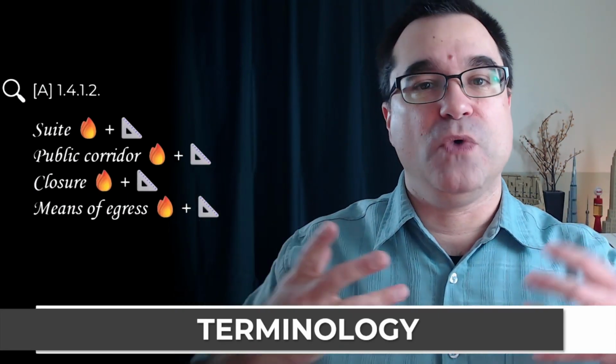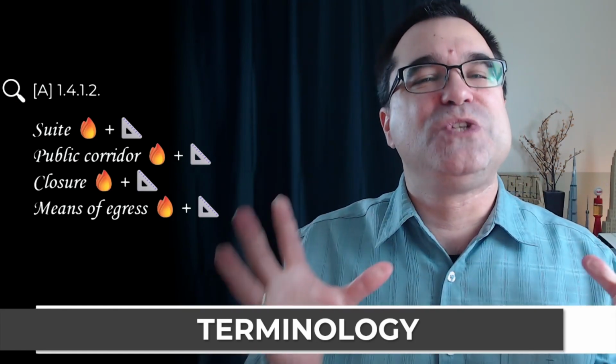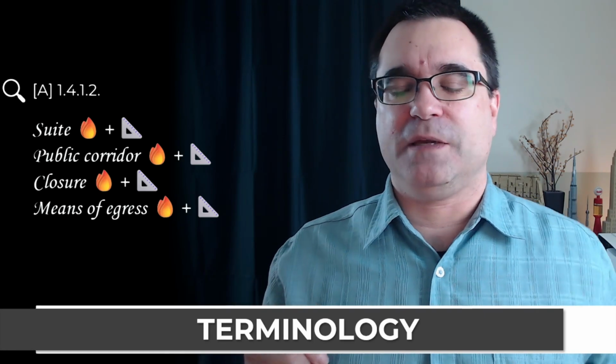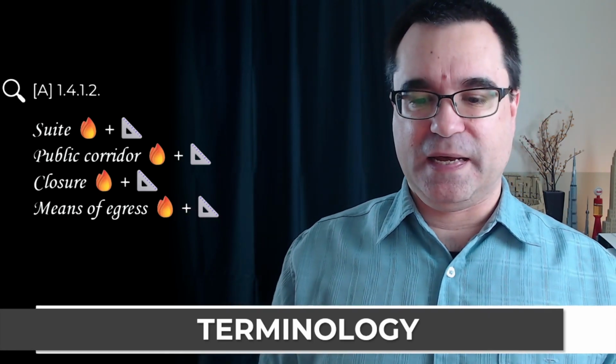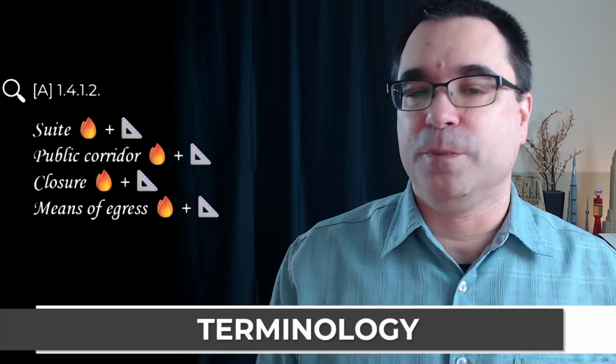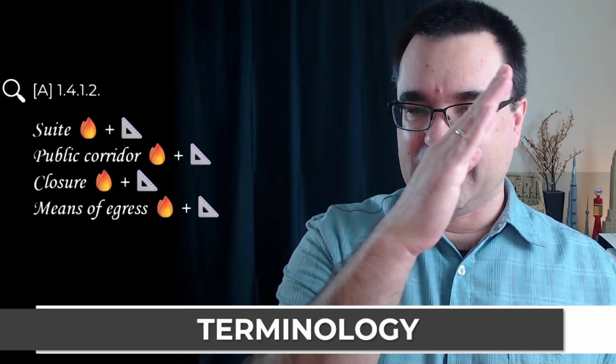There's also some terminology that I want to get out of the way, because we will use some of it in this topic, and when you see it, I don't want you to be surprised by it. This is terminology that's specifically identified and defined by the Ontario Building Code. It is written, as you can see, in an italic font.